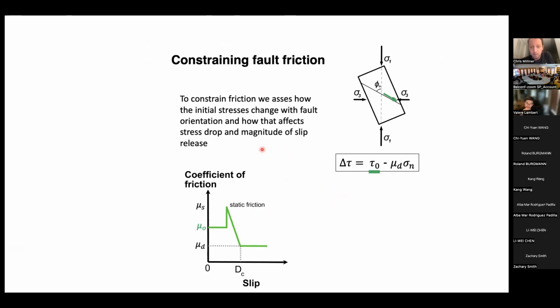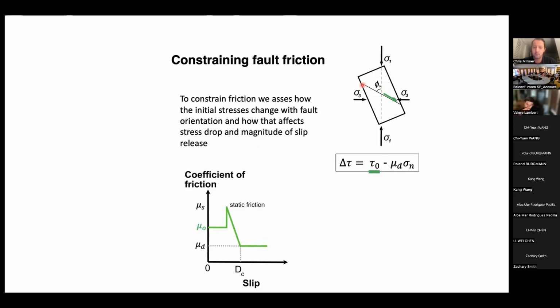So in this talk, the main approach we take to try and constrain friction is that we try to understand how the initial stresses change with the fault orientation, given the ambient stress field. And we try to understand how those initial stresses affect the stress drop and the magnitude of slip. And I'll talk a little bit about how we do that. So here's that same diagram I had before.